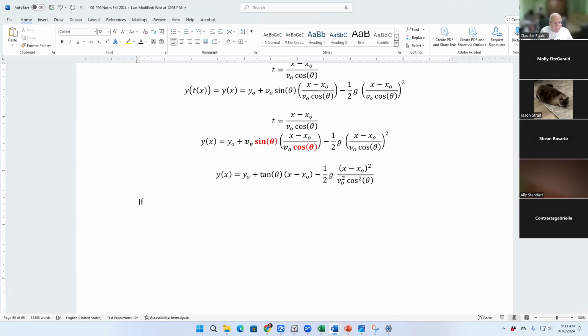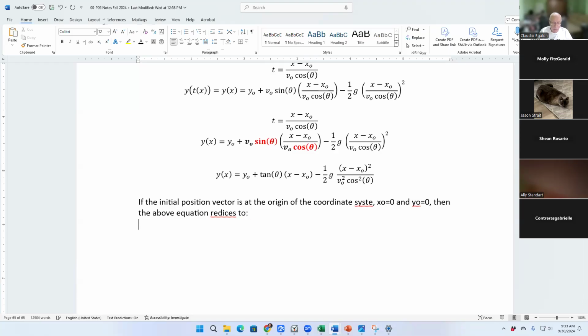If the initial position vector is at the origin of the coordinate system, meaning x naught is equal to 0 and y naught is equal to 0, then the above equation reduces to x, and x squared.